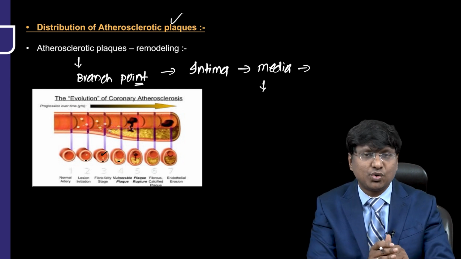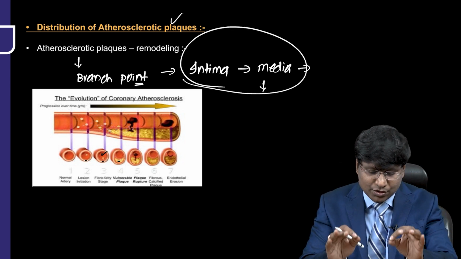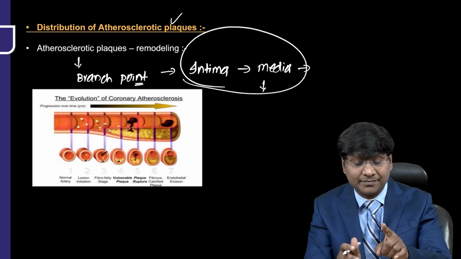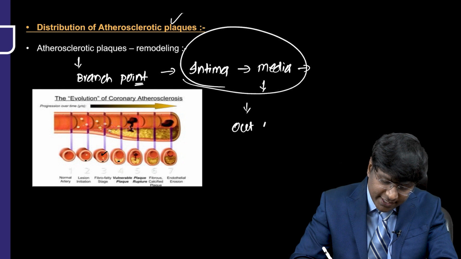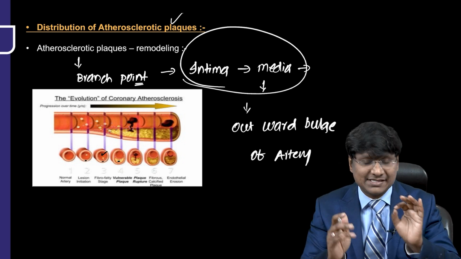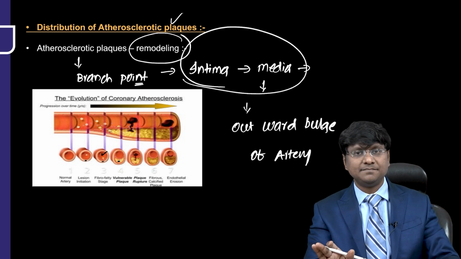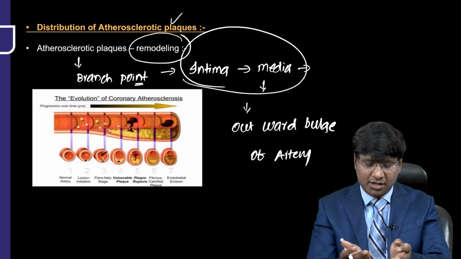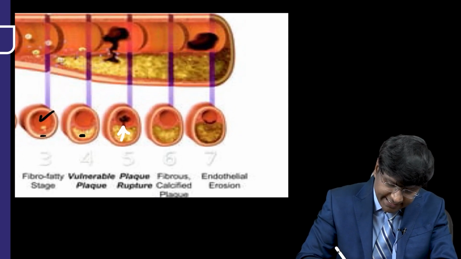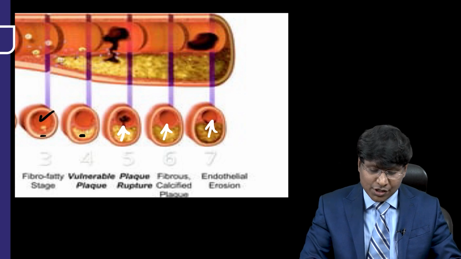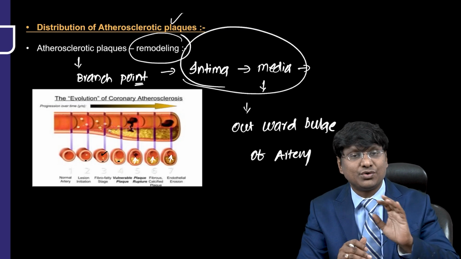Until then, there is only an outward bulge of the artery. This is considered as remodeling of the vessel wall. Later, the plaque reaches the lumen and the lumen size is narrowed. So that is about the distribution of the atherosclerotic plaque.